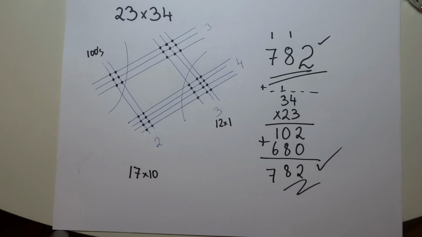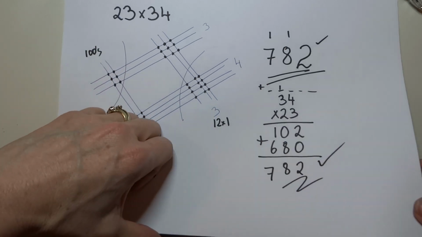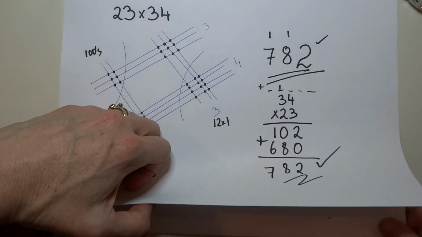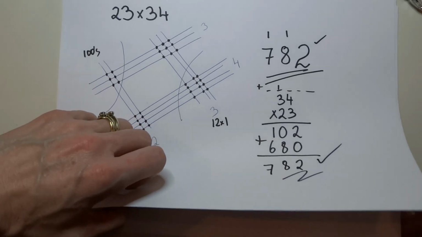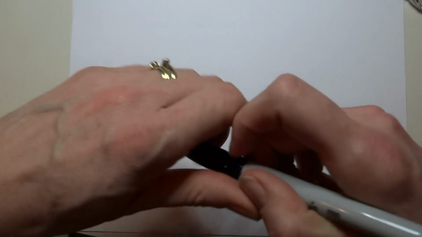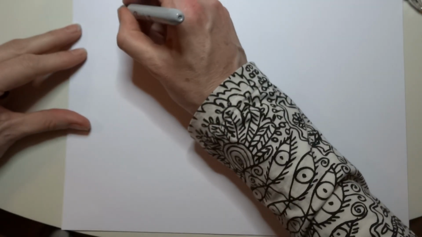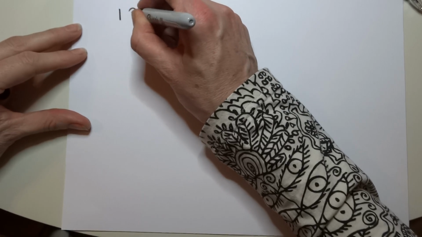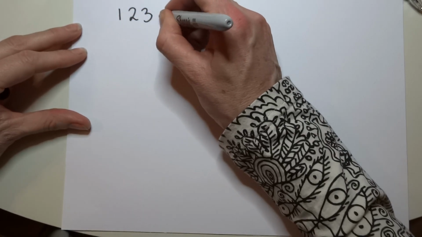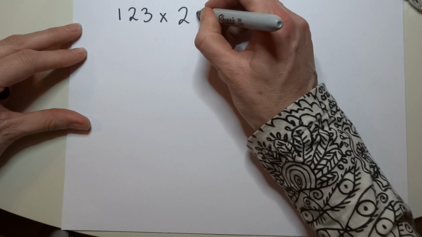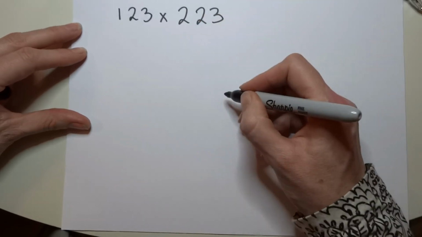But what do we do if we want to multiply bigger numbers than just 23 times 34? We did a few different methods of that the other day. Well, let's try a larger one then. Let's try instead to multiply 123 by 223.